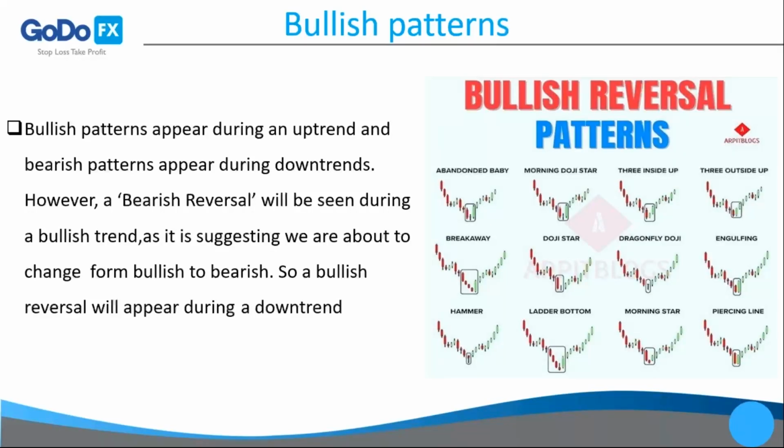Another example is the dragonfly doji, in which you should memorize the candle shapes. In the dragonfly doji, you see that much liquidity was put into the market, reversing from a bearish downtrend to a bullish uptrend.